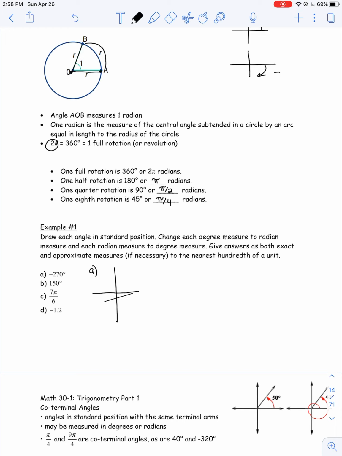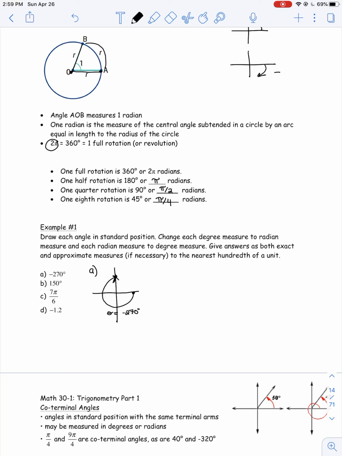We know that going from here up to here would be 90, 180, and 270 would take us 3/4 around the circle and end up right there. That is where our terminal arm falls. So that distance that we've just traveled is negative 270 degrees as an angle.